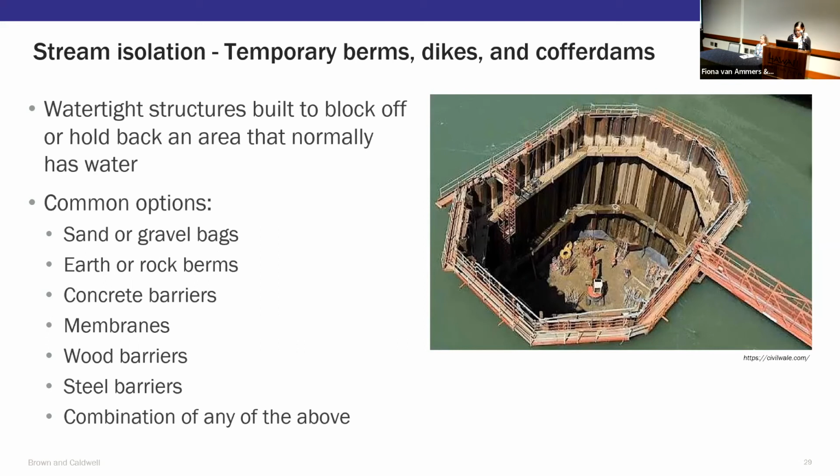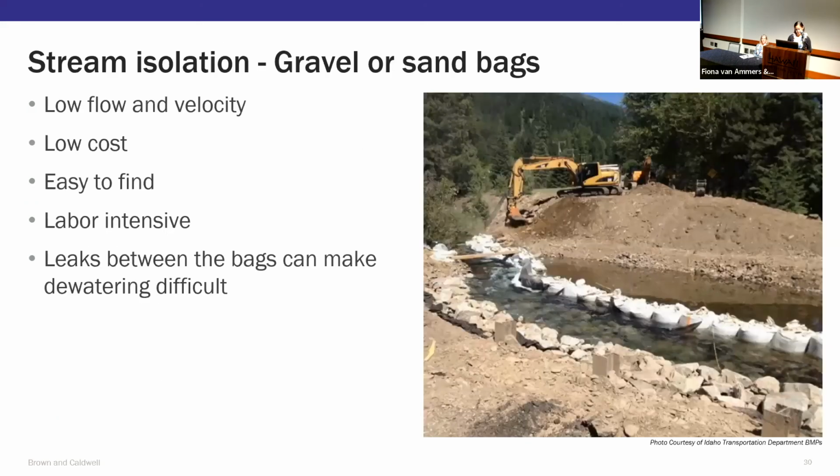Materials and structures that would be chosen depend on the height of the water body, the velocity of the water body, any currents, and scour conditions that are expected under both normal and high flow conditions. We're just going to go over a couple of those stream isolation methods in greater detail.